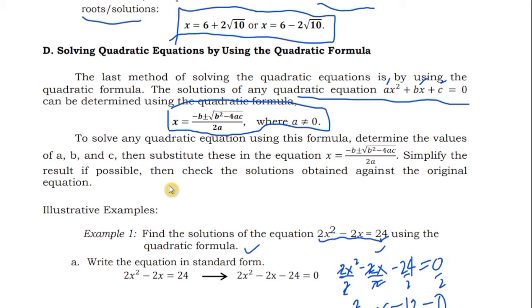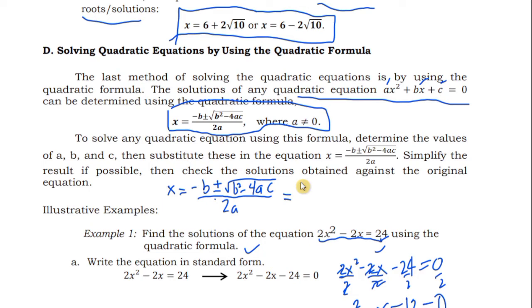Since the value of b is negative 1, negative b means the opposite of the value of b, which is positive 1.